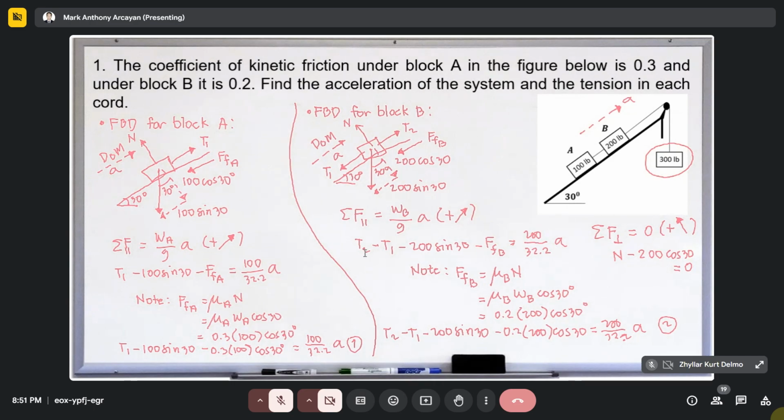Therefore, it has two components: one along the horizontal surface of the table, and the other normal to the table. So it can also affect the normal force.